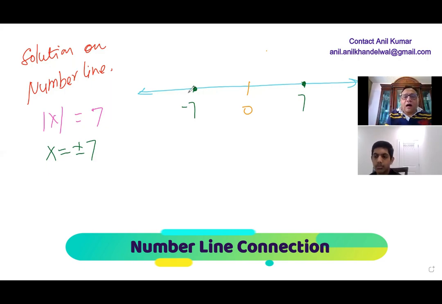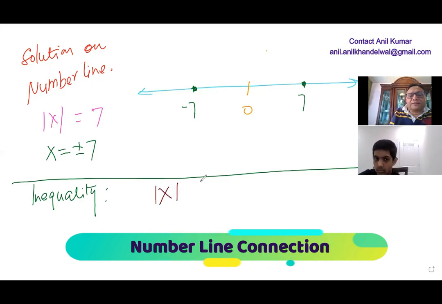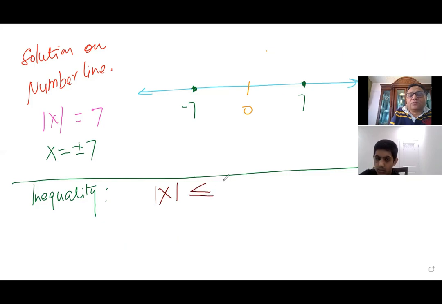Now, I could also think about the absolute function not only as an equation but also as an inequality. Now assume that my question has changed and I want to figure out the answer for absolute value of x less than or equal to 7.